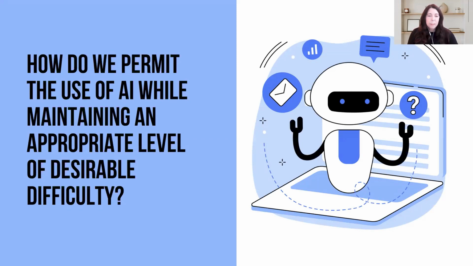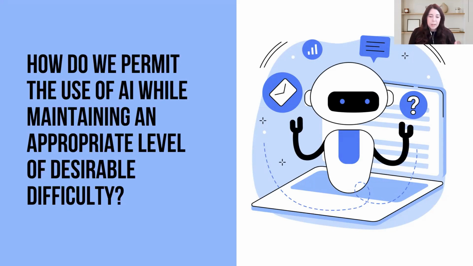Right. So the big question that you might be thinking after the fairly brief discussion of post-plagiarism and some of the points that I made is, how do we permit students to use AI while maintaining an appropriate level of desirable difficulty? This is something we hinted at a little bit in our discussion about why writing is so difficult.